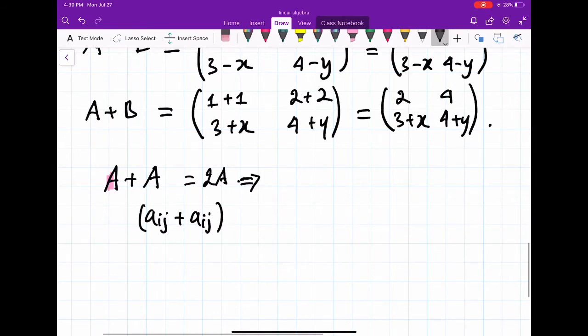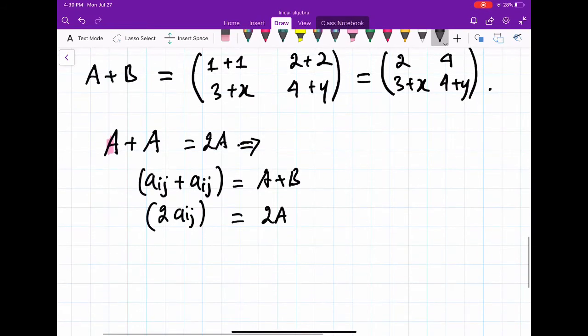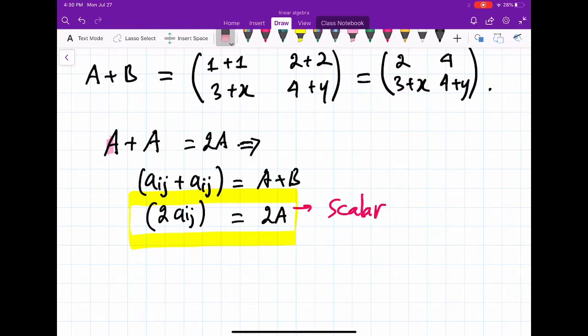That is the definition of A plus A. And that is just 2 times Aij, right? And that is 2A. So that is kind of scalar multiplication.